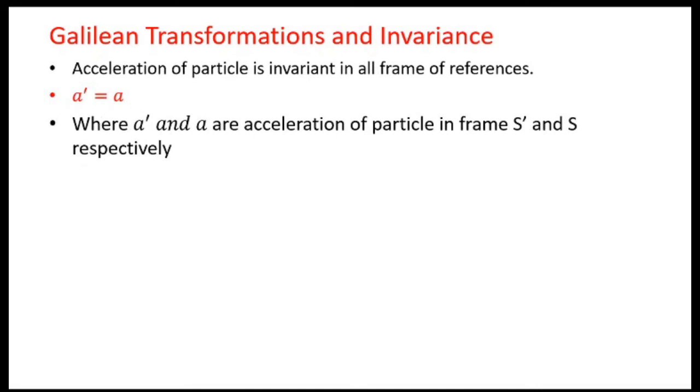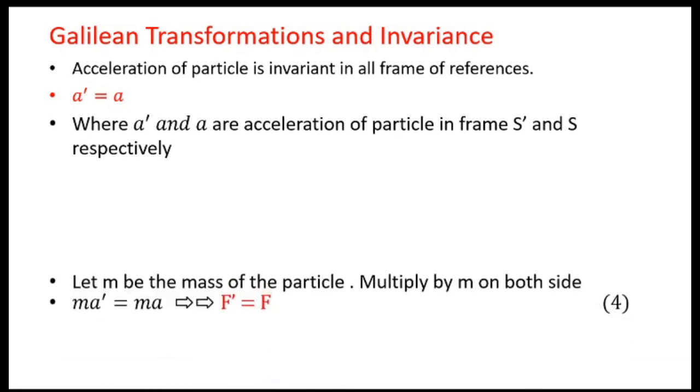Now acceleration of a particle is invariant in all frames of reference, so we can write a' is equal to a, where a' and a are the acceleration of a particle in frame S' and S respectively.